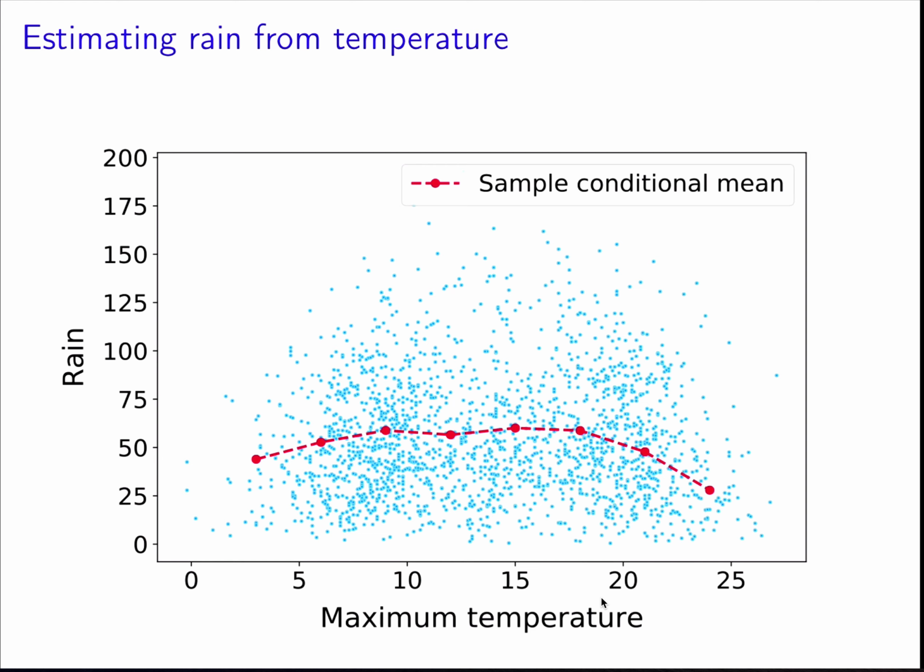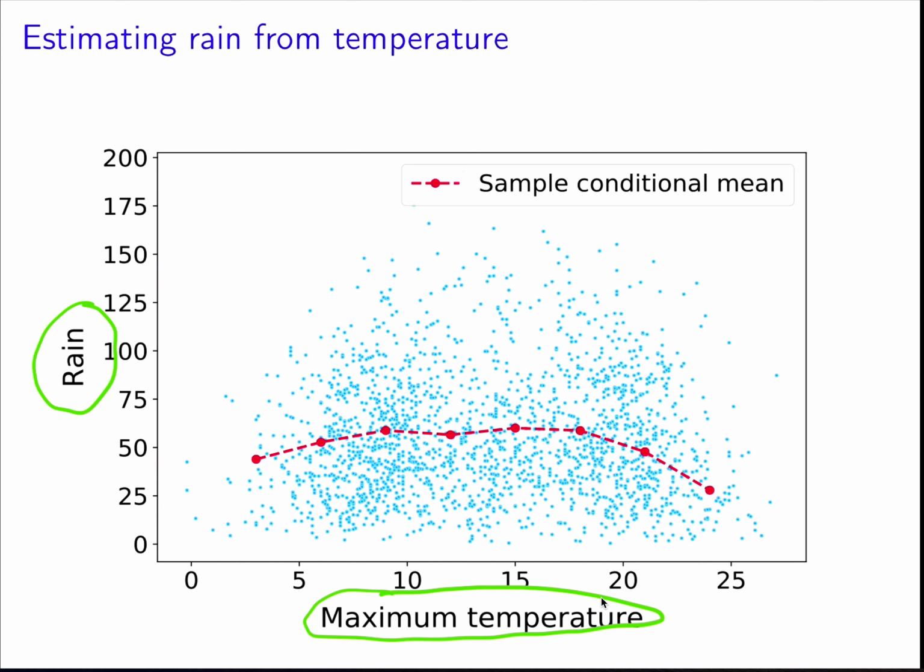Here our response is the rain in, I think, Oxford, if I'm not mistaken, taken over several years, and our feature is the maximum temperature. Now let's illustrate what I was saying up to now.